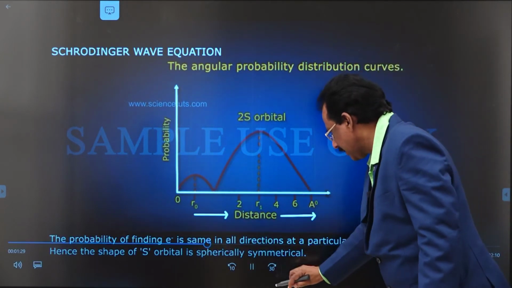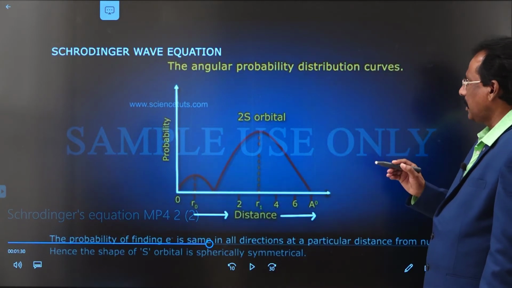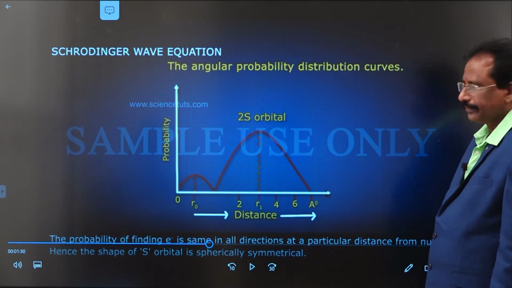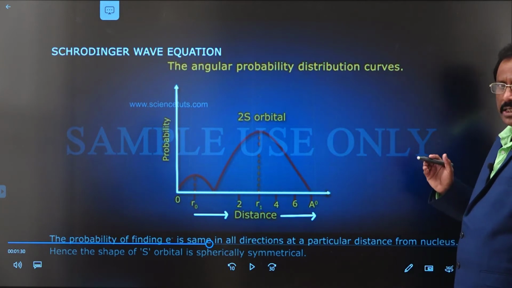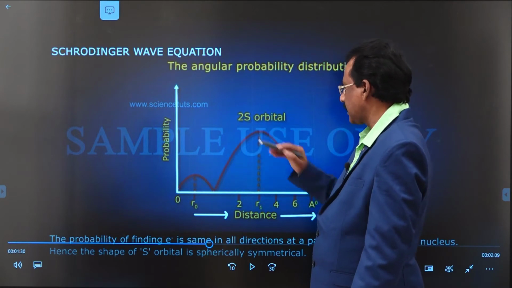This is the representation of the 2s orbital angular probability distribution curve. There are two peaks here, because the value of n is equal to 2. This is the first peak. There are two maxima here.